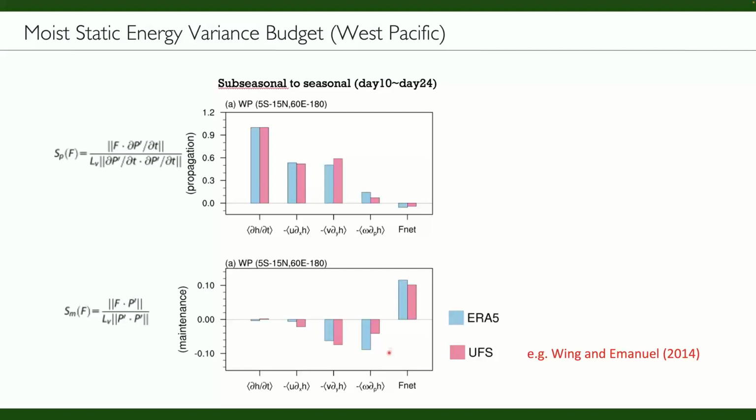And one thing that we noted here that's very interesting is if we look at the term on the right, minus omega dh/dp, this is the vertical moist static energy advection, and it indicates that the UFS is associated with a much lower vertical moist static energy advection, or discharge of moist static energy, than in observations.